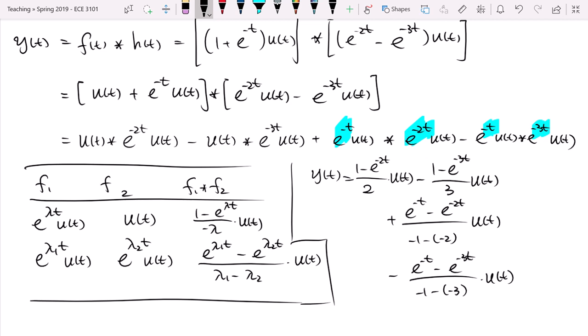So what do you have? You have negative t minus negative 3t again, minus 1 minus negative 3, u(t). And lastly, you can organize the terms appropriately to find the result. I won't go into that. That will be just some natural steps.